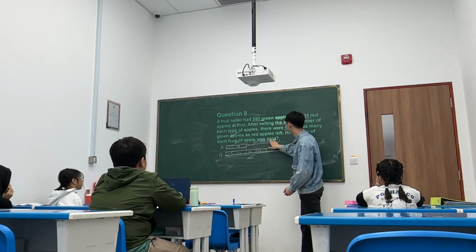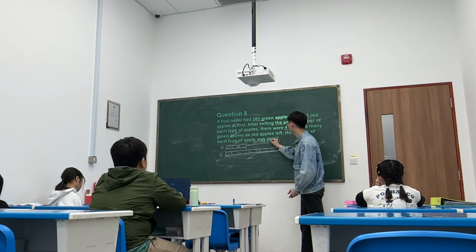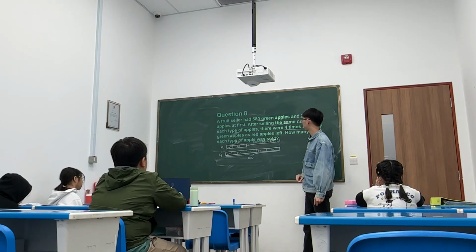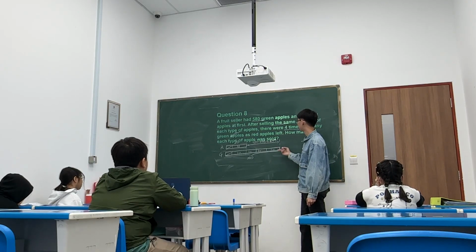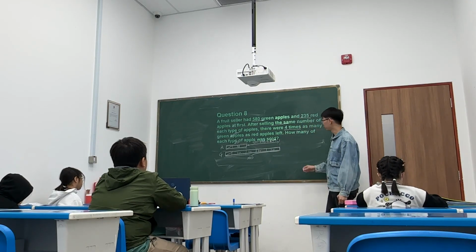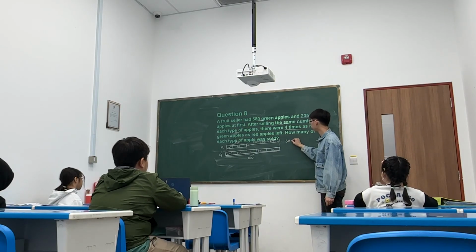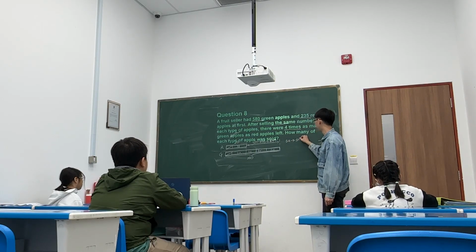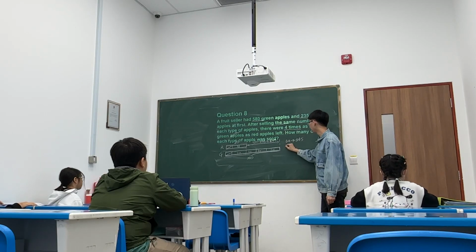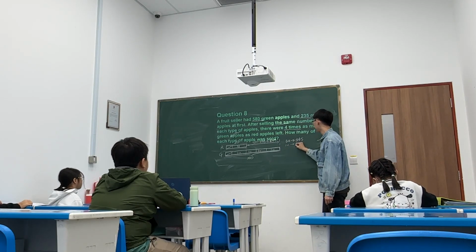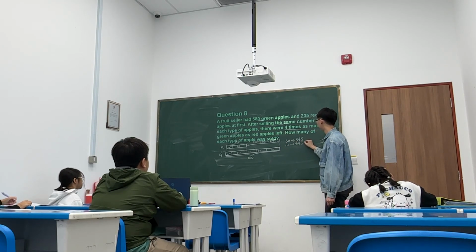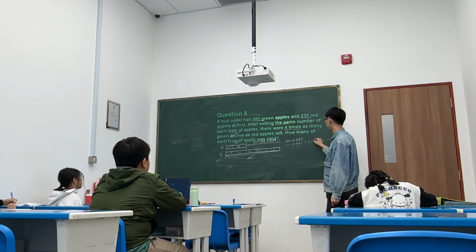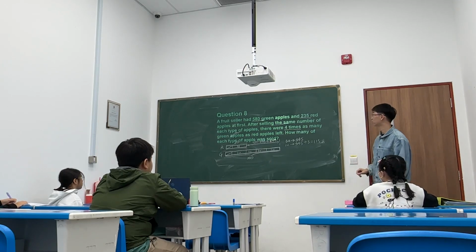Wait a second, this should be 345. Alright, that's right. So 3 units are equivalent to 345. So 1 unit will give us 345 divided by 3. This is just 115. So 1 unit equals 115.